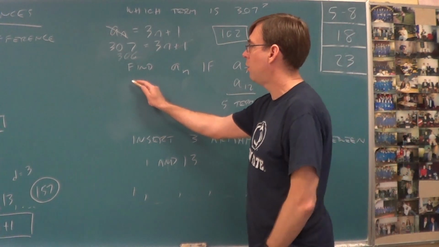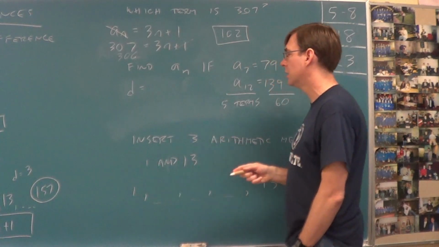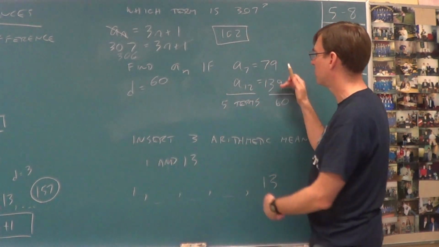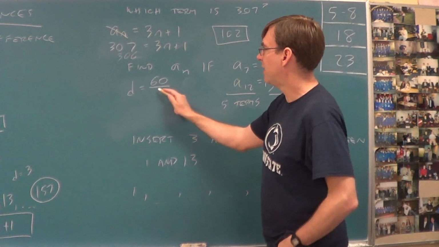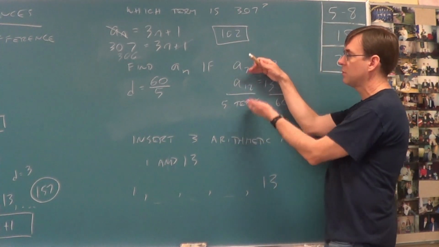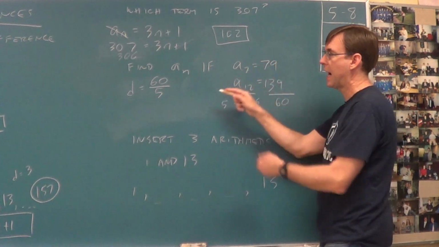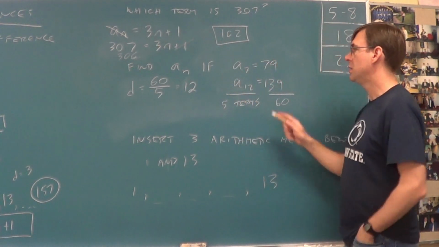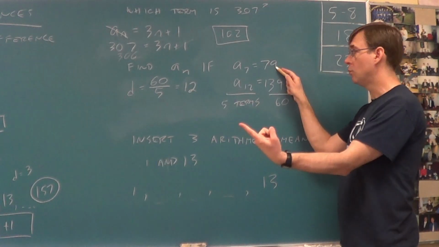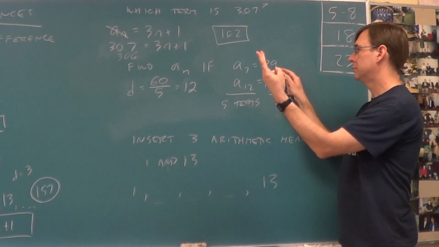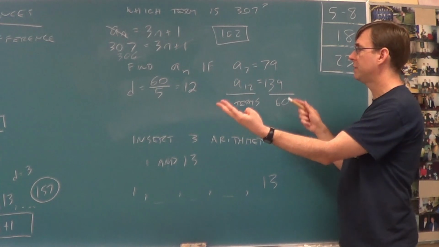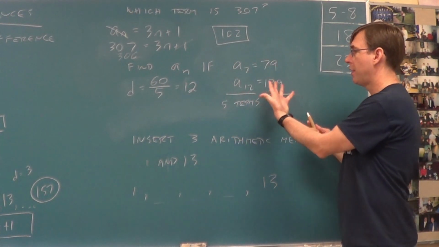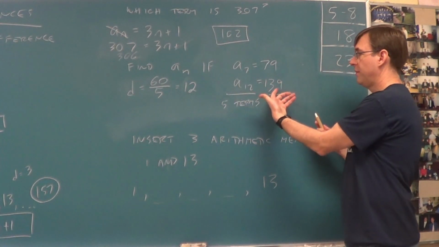So to figure out what the difference is for each leap, take the 60 total difference, divide by the 5 terms of difference, and each jump would be 12. You would jump from 79 to 91, 103, 115, 127, 139. 139 would be created from the 5th jump you made.